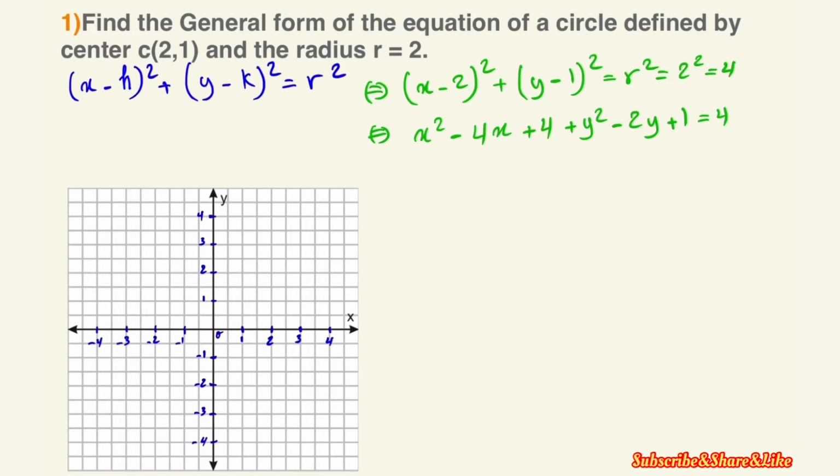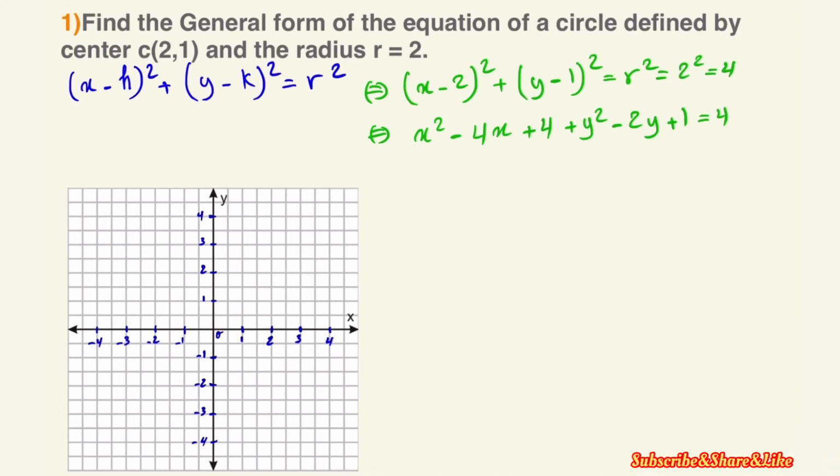Here what we did, we just used the formula (a plus b) squared equals a squared plus 2ab plus b squared, or in this case, minus 2ab plus b squared.